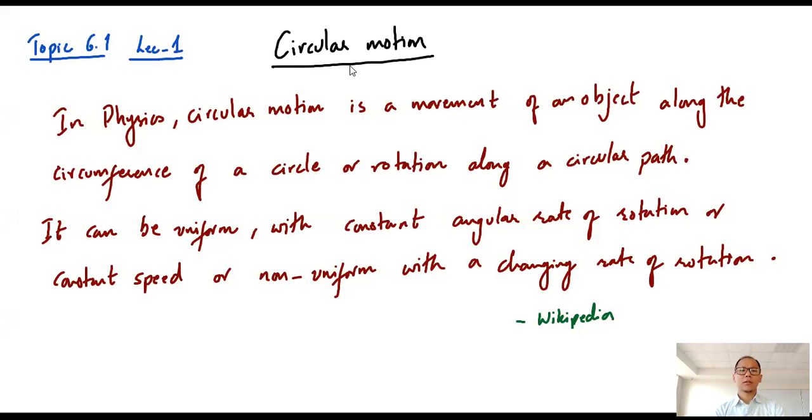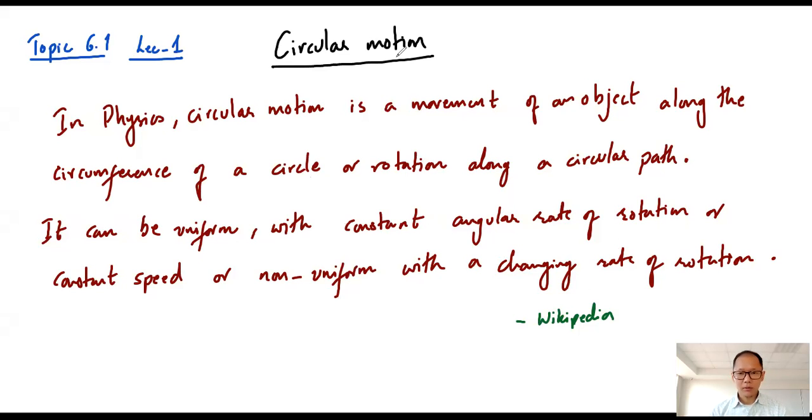In physics, circular motion is defined as the movement of an object along the circumference of a circle or rotation along a circular path. It can be uniform, with constant angular rate of rotation or constant speed, or non-uniform with a changing rate of rotation.